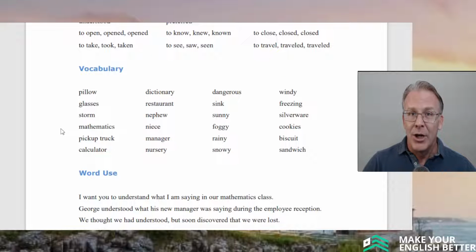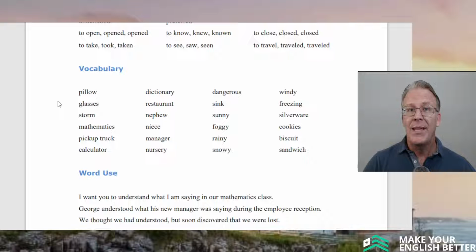Vocabulary: pillow, glasses, storm, mathematics, pickup truck, calculator, dictionary, restaurant, nephew, niece, manager, nursery, dangerous, sink, sunny, foggy, rainy, snowy, windy, freezing, silverware, cookies, biscuit, and sandwich, okay? Sandwich.